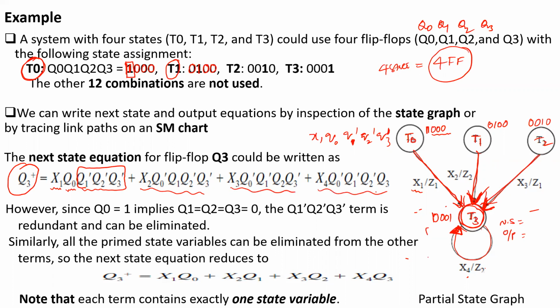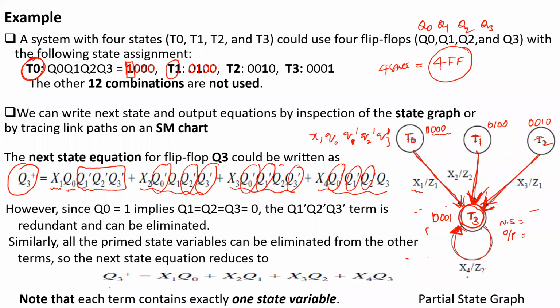Since these are not required, these are redundant terms for each and every term in this equation. These are all redundant, so we can remove all these things. Only whatever is required, that is what we can keep.